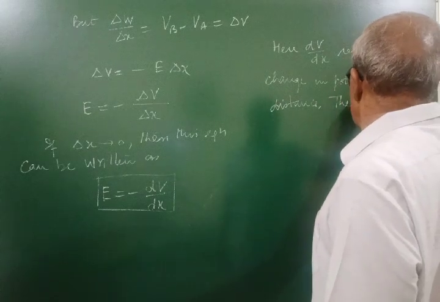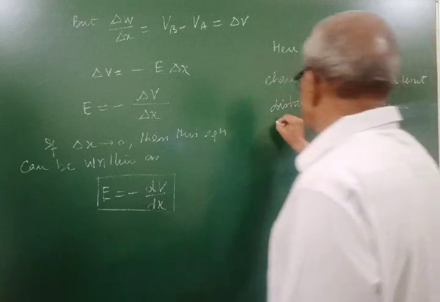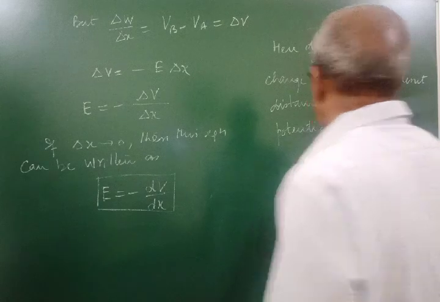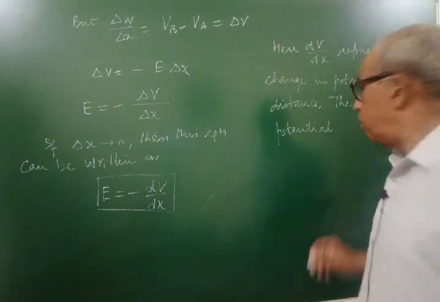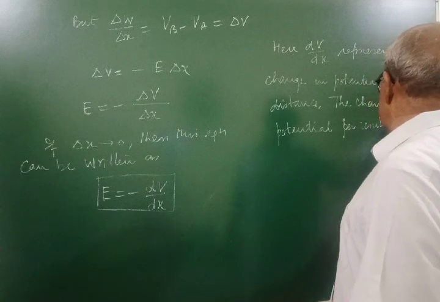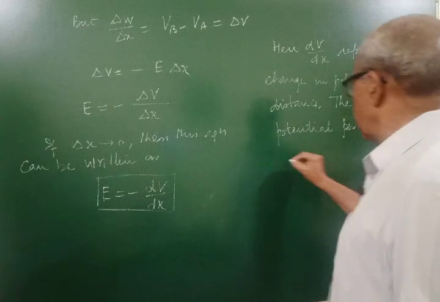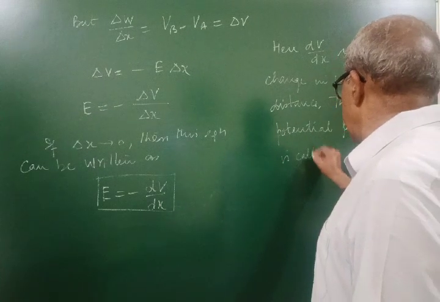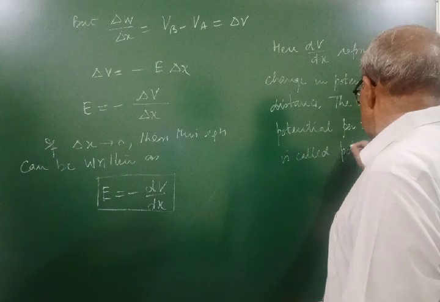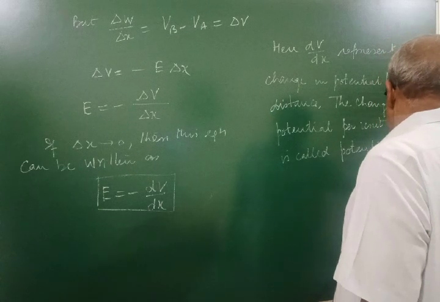The change in potential per unit length, or per unit distance, is called potential gradient.